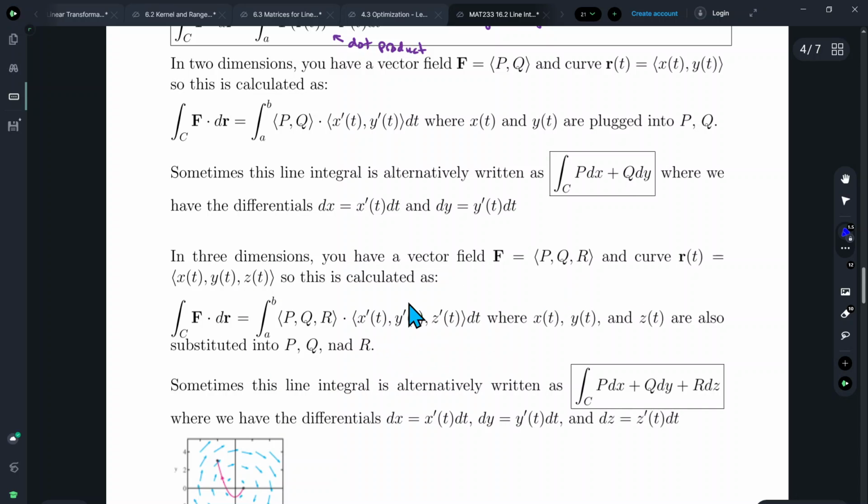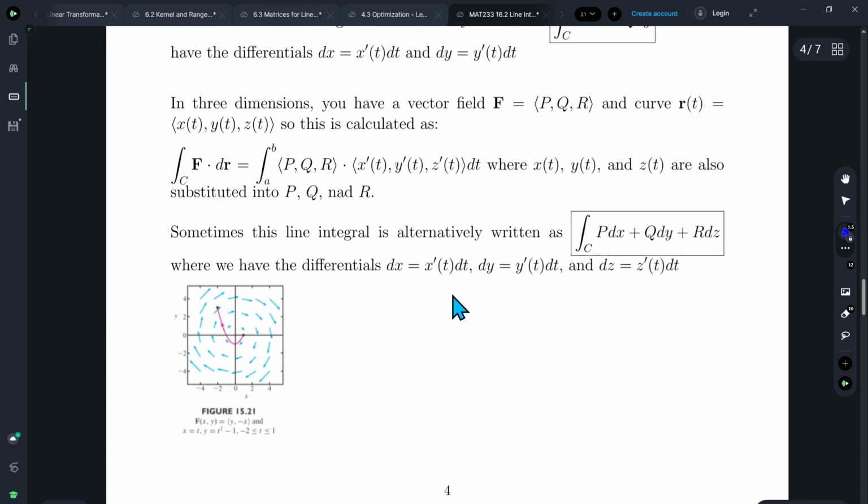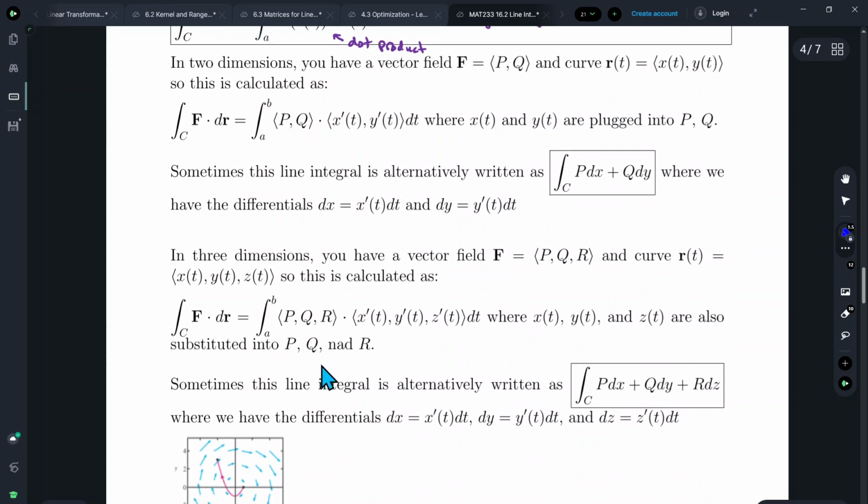The x, y, and z components should be plugged into the vector field so that everything is in terms of t, and then you calculate this dot product, and then you calculate this integral. That's the basic idea behind a line integral of a vector field.